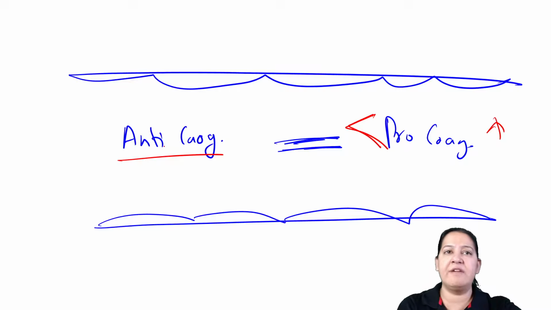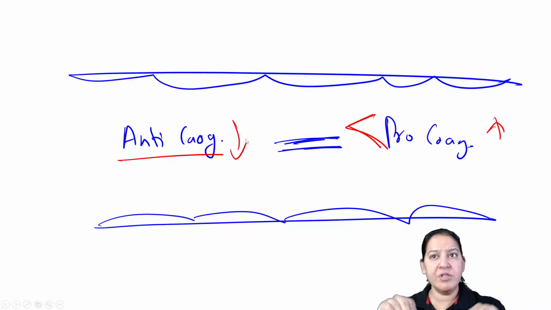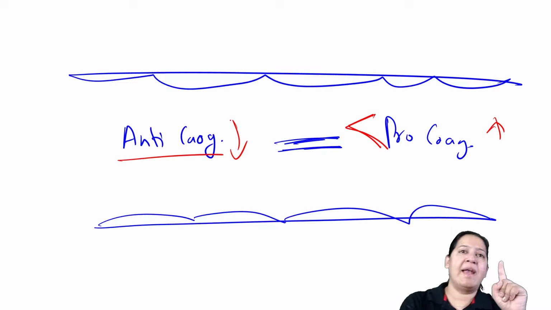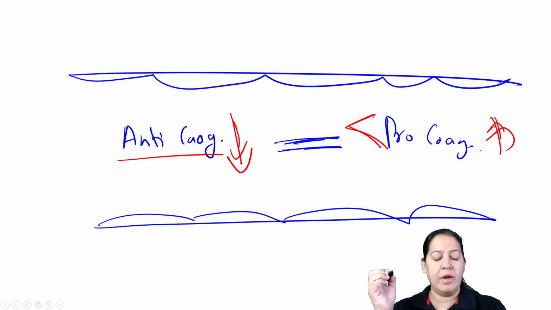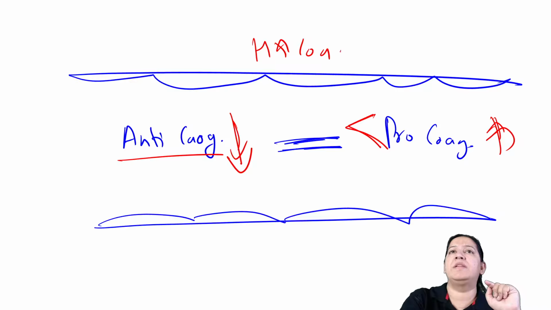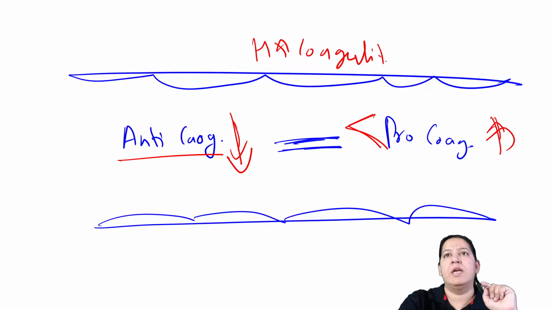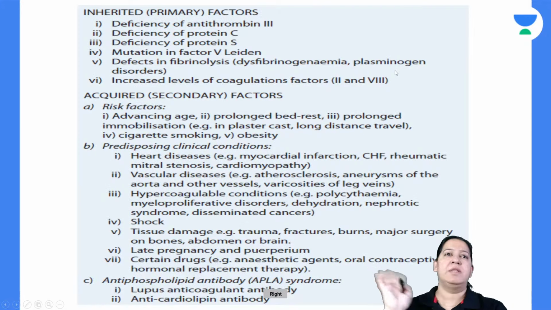So pro will increase and it will lead to clot formation, so imbalance occurs. But if the imbalance occurs without injury, either anti is decreasing or pro is increasing, it will lead to clot formation, and the condition is known as hypercoagulability. So the blood becomes hypercoagulable. That is the reason.